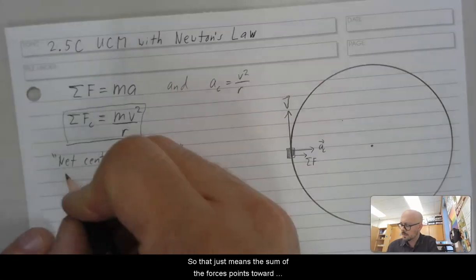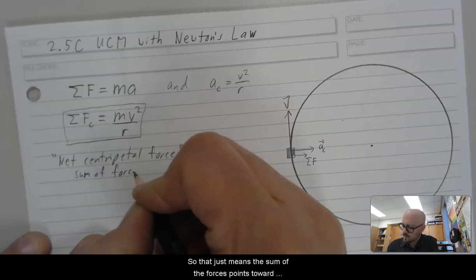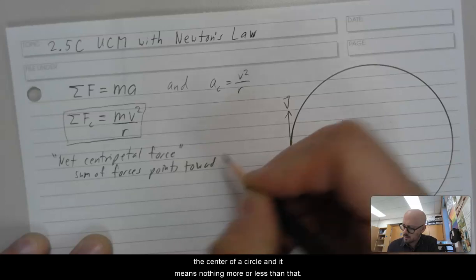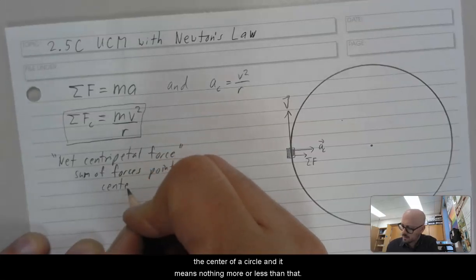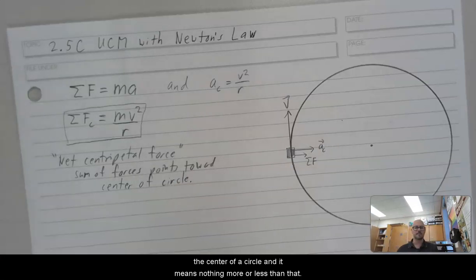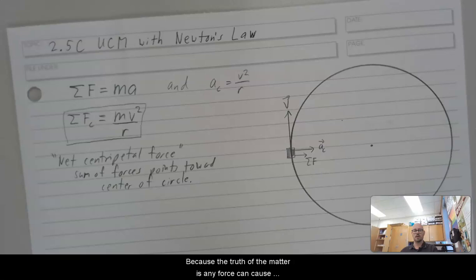That just means the sum of the forces points toward the center of a circle. And it means nothing more or less than that. It does not tell you what type of force it is, because the truth of the matter is any force can cause the net centripetal force. So we have examples of every type of force that we've learned about and focused on being the cause of the centripetal force.